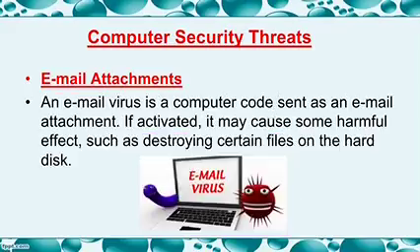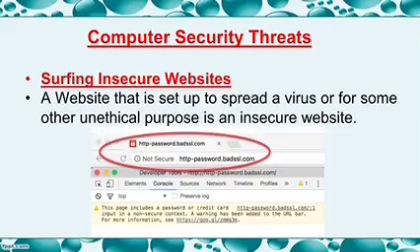An email virus is a computer code sent as an email attachment. If activated, it may cause some harmful effect, such as destroying certain files on the hard disk. This is the second factor.